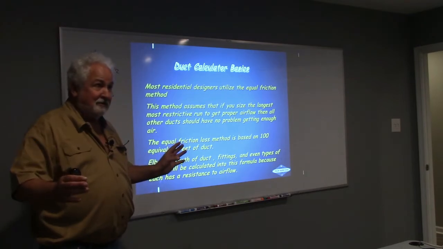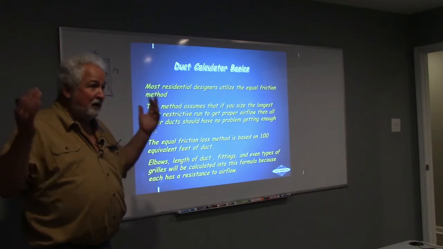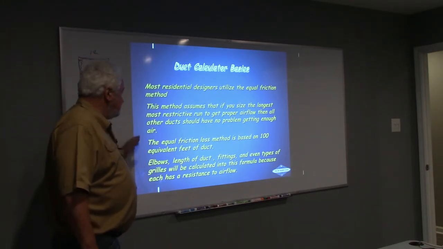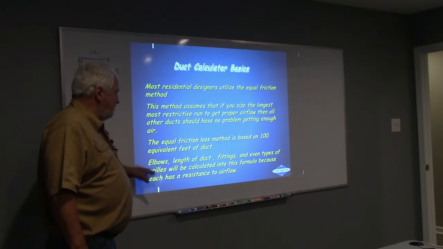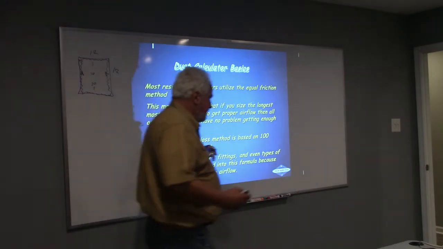Does that make sense? So I'm going to size to the ugly duct in the house, whatever that ugliest duct is. The equal friction loss method is based on 100 equivalent feet of ductwork. Elbows, length of the duct, fittings, even the types of grills will be calculated into this formula.